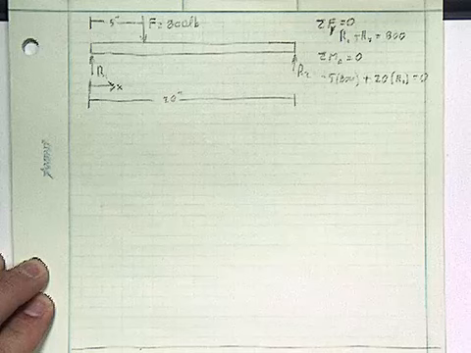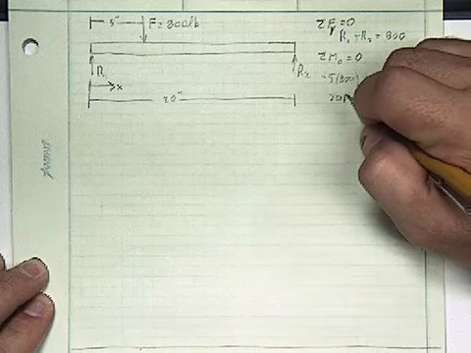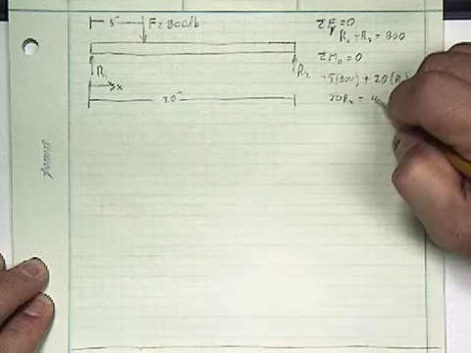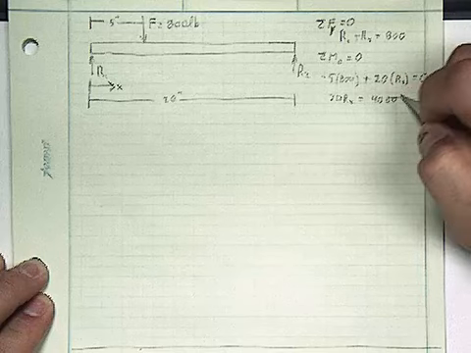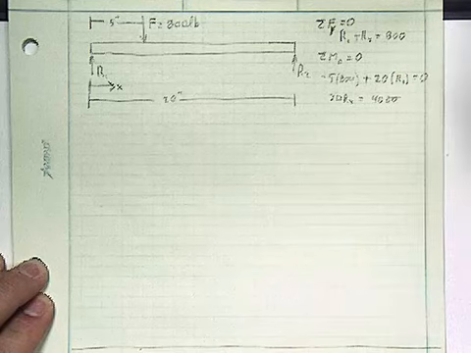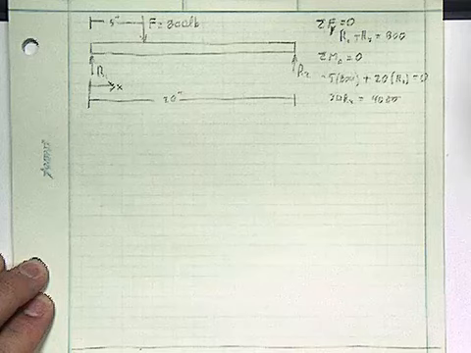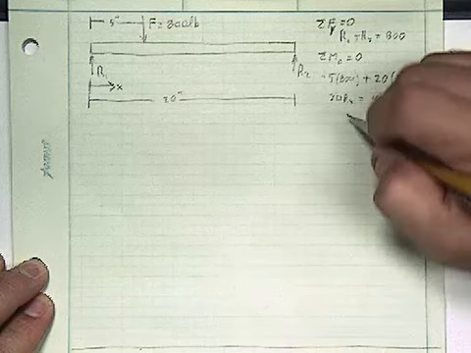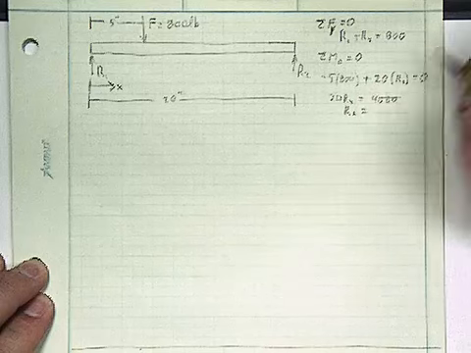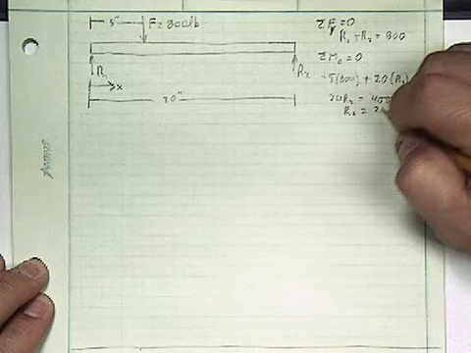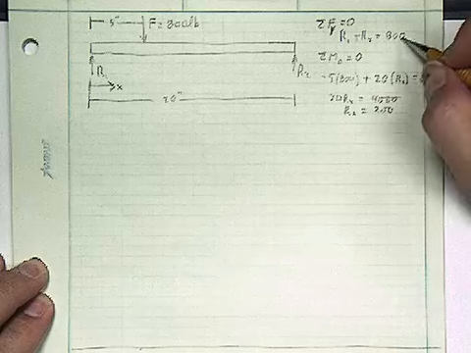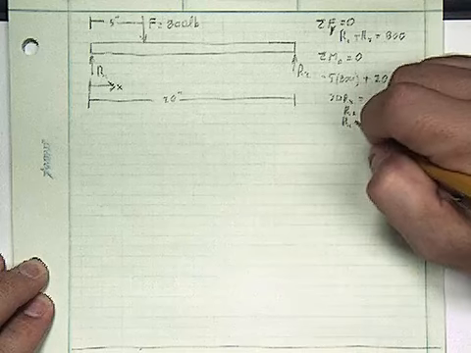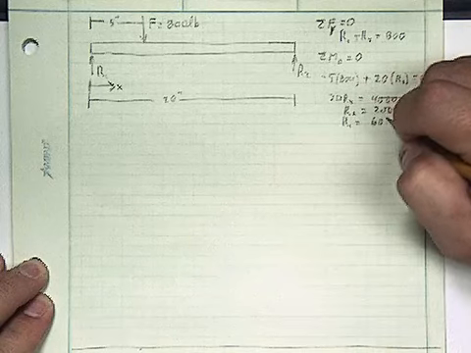So 20 R2 is equal to 4,000. So R2 then would be equal to 200, and then going back to my original equation, I'd realize that R1 has to be equal to 600 pounds.